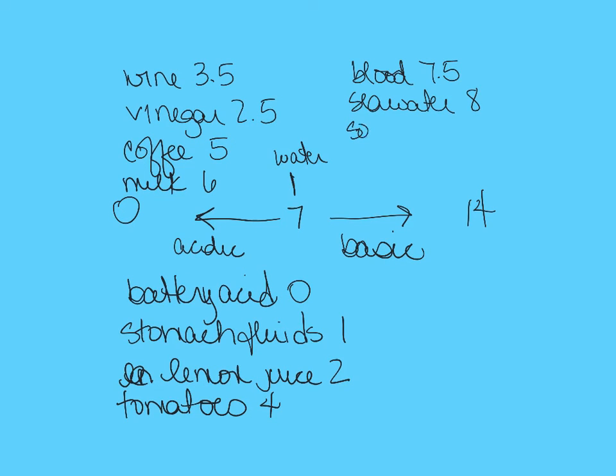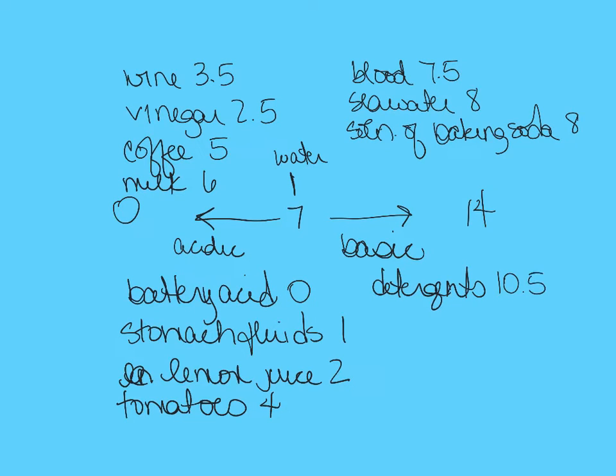A solution of baking soda, or sodium bicarbonate, is about 8. Detergents, things we use to clean our clothes and clean things, are about 10.5. Bleach is another basic substance.